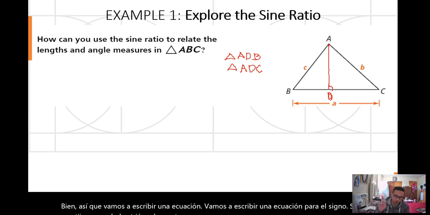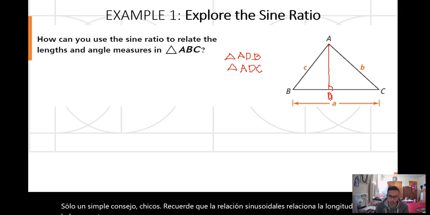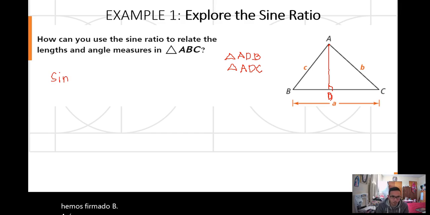Just a simple tip, guys: recall the sine ratio relates the length of the opposite side to the length of the hypotenuse. So our equations are, we have sine B is equal to h over c.